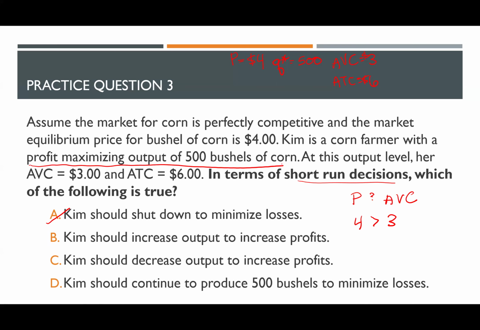So she can't do any better by changing her output. If she increases her output, she's going to incur larger losses. If she decreases her output, she's also going to incur larger losses. So she's not going to change her output at all. And instead, the answer is going to be D. She should continue to produce her 500 bushels to minimize her losses.